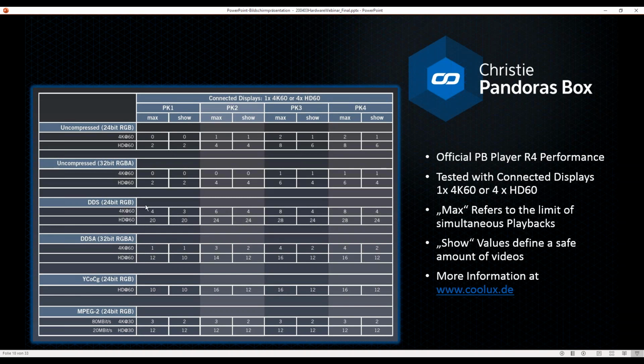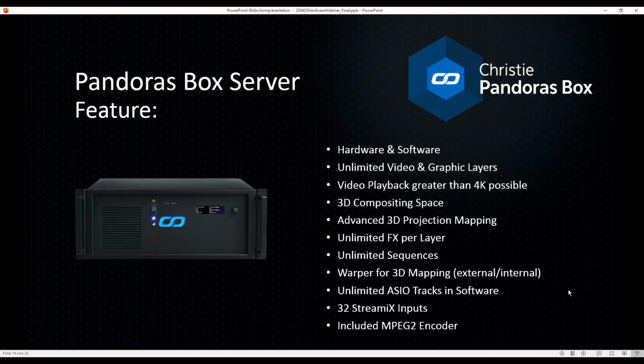And as you can see here, the improvement with the DDS RGB 4K 60 image sequences: they can go with the bigger performance kit up to 4. The PK1 can do 3, and the biggest can have 4 of them. But you can download this very simply from our webpage, or if you watch this again, pause this video.